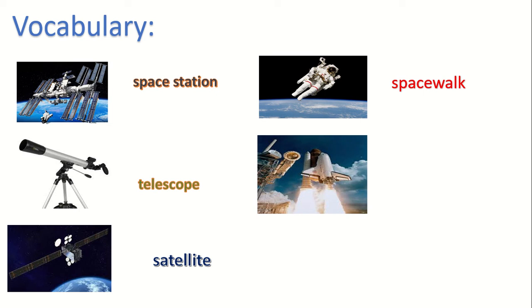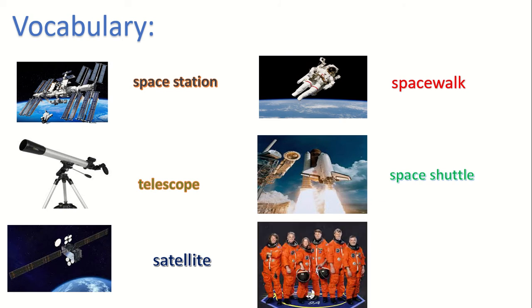Space shuttle. بيسمى بالعربي مكوك الفضاء، بيستخدموه للسفر للفضاء وبيرجع أكتر من مرة. Finally, the people who work on a space shuttle or a space station اللي بيشتغلوا على مكوك الفضاء أو المحطة الفضائية they are called crew. Crew. طاقم العمل.